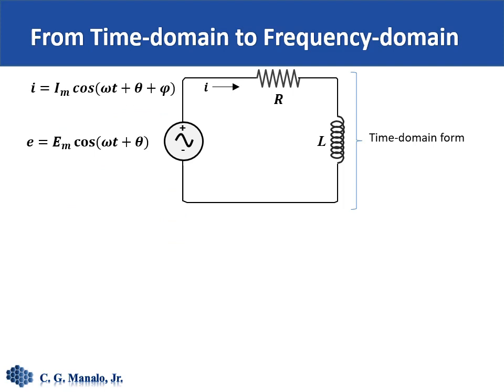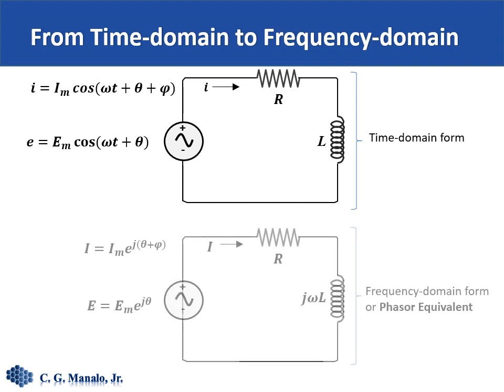So what we have done is transform our time-dependent circuit into another circuit which we call a frequency domain circuit or a phasor equivalent, by transforming the components into their phasor equivalents, including the variables that come along with the circuit.